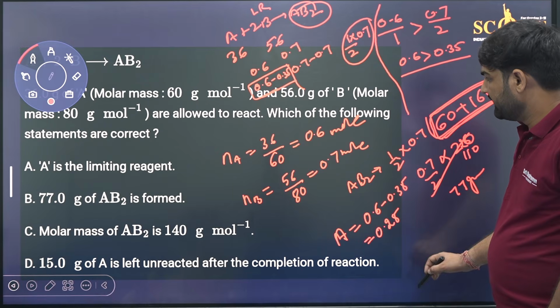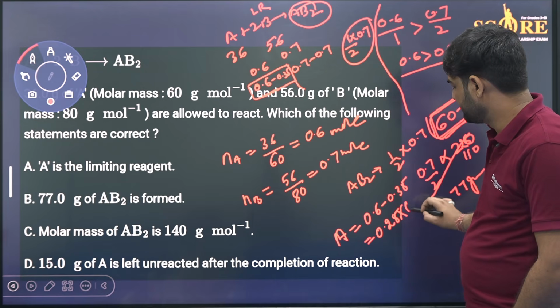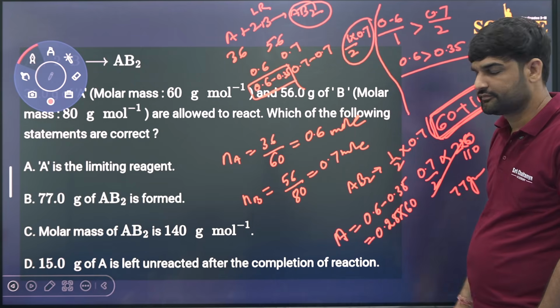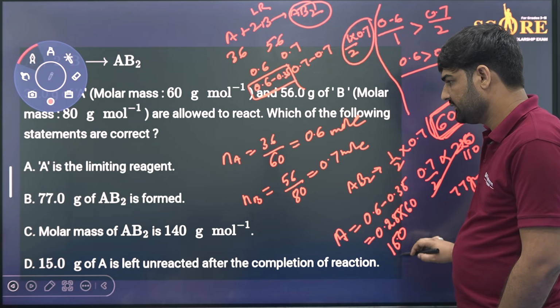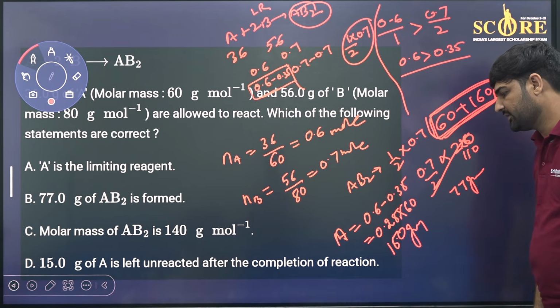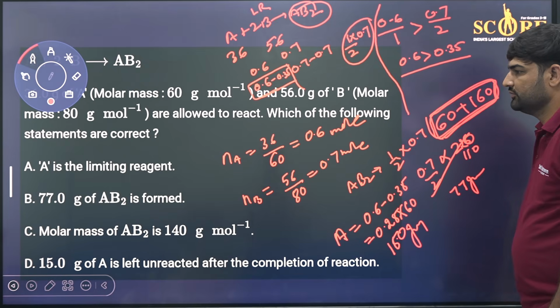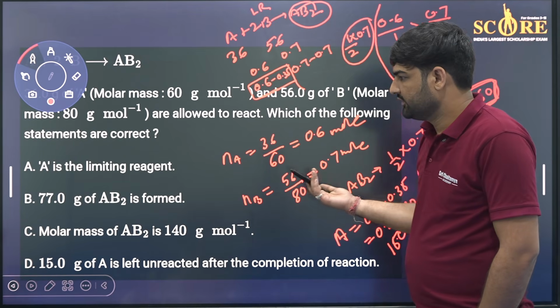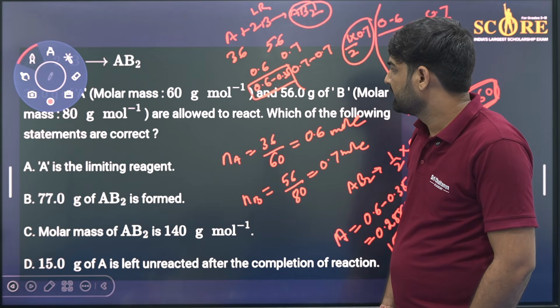Then mass will be multiplied by molar mass, which is 60. Then this will be 150. 15 gram of A left unreacted after the completion of the reaction. So option B and option D are the correct options.